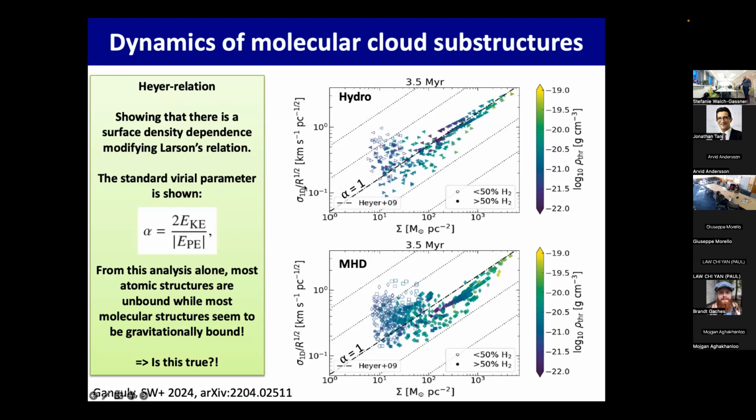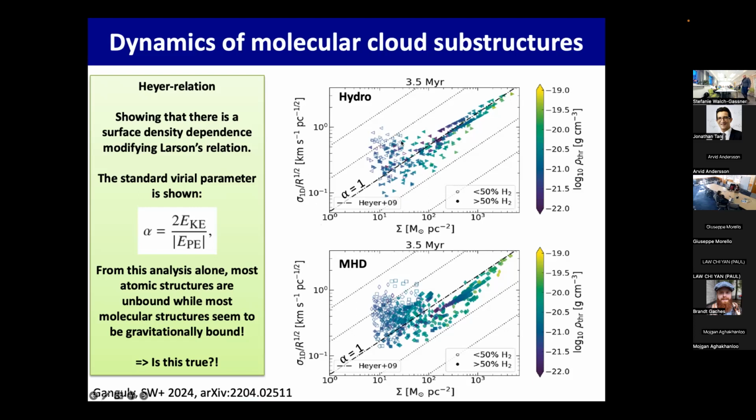If you had a Larson relation, it would be completely flat here. But Heyer showed that there is a surface density relation in these clouds, and that basically for higher surface densities, you would also have higher values of velocity dispersion over size. So this is size to the 1/2 power.